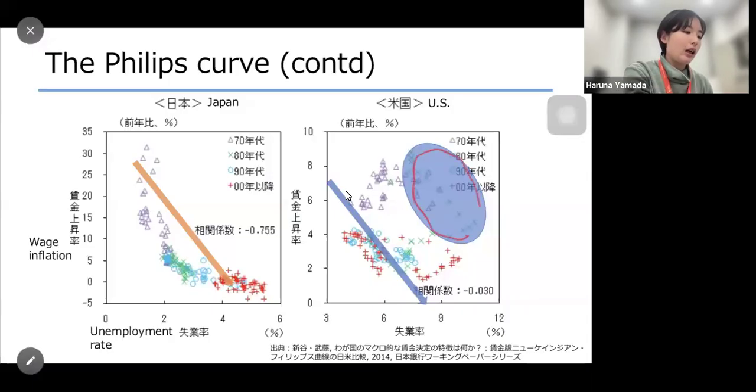So around 1970 and around 1980, the economy is far away from the Phillips curve. Okay.